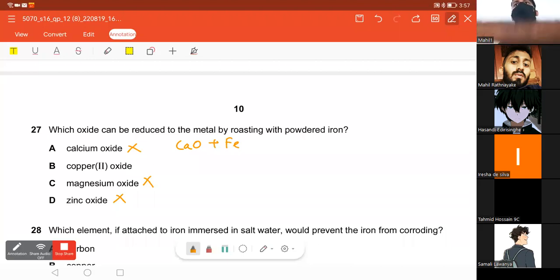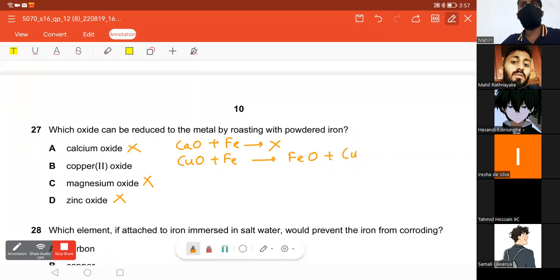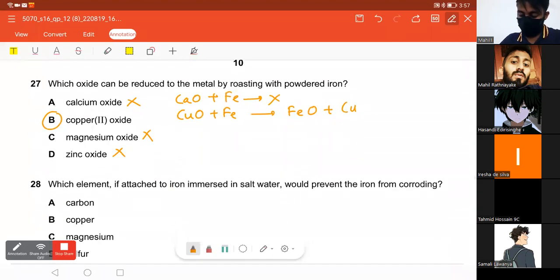Can a less reactive element displace? No. Therefore, this reaction does not take place. Please write the balanced equation for the second one. But copper 2 oxide can react with iron, what will form? FeO and Cu. Therefore, answer is B.